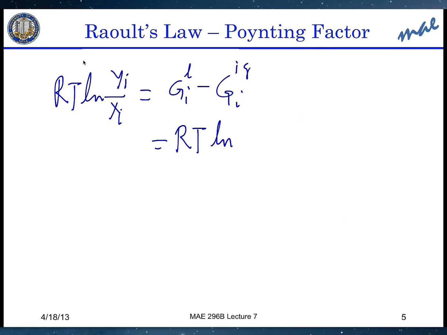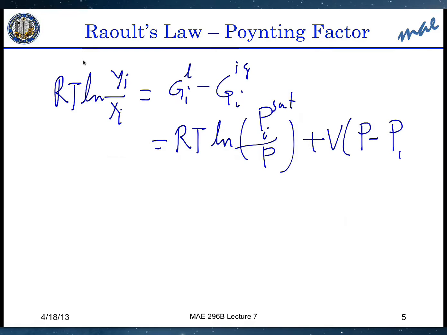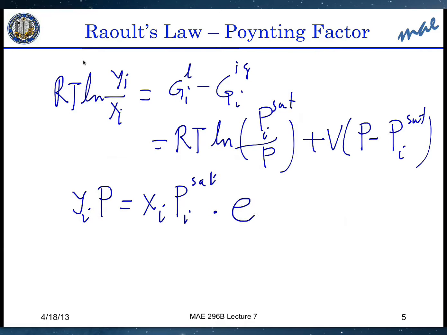One is like what we did before, ln of Pi sat over P, and now we find that we have a contribution from the liquid, which is P minus Pi sat times V. And now if I take the exponential of both sides, then I get the solution that yi times P is equal to xi times Pi sat as before, times an exponential of V times P minus Pi sat, all of this divided by RT.